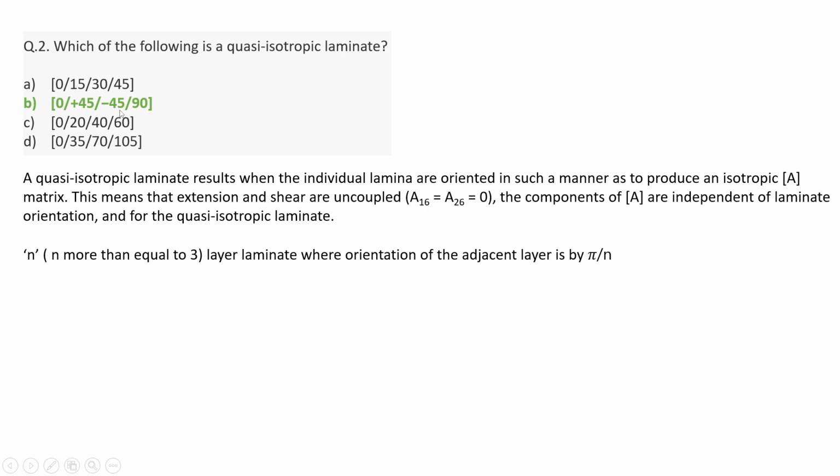So for a balanced laminate, already A16, A26 equal to 0. So this plus 45 minus 45 will be the case of a balanced laminate. And then from minus 45 there is a 45-degree change to 90 degrees, and from 0 it is a 45-degree change to plus 45. So that causes an isotropic laminate, and the A matrix will be isotropic. And this whole condition is known as a quasi-isotropic laminate.